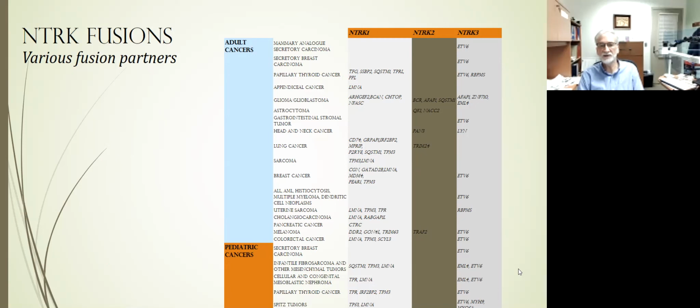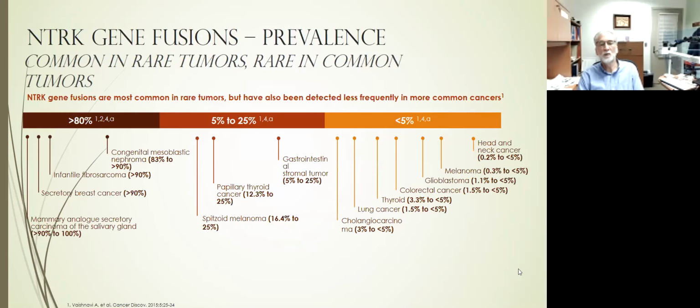In pediatric cancers, a classic example would be infantile fibrosarcoma or congenital mesoblastic nephroma, where you would find a very common fusion with ETV6, while on the other hand, in adult cancers, it's a bit less frequent to find these fusions, but the value of finding a fusion will become fairly soon obvious. What we are looking for is a fusion that can be targeted with specific therapies.